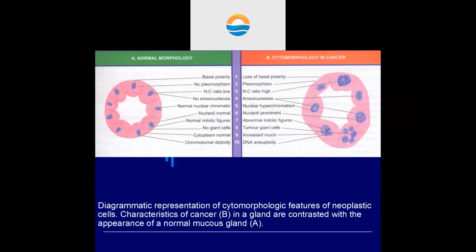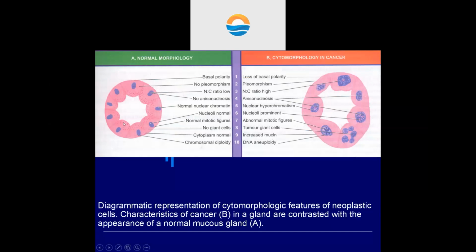Here, look, we see in this picture the difference between normal morphology of the glandular cells, for example, we see the gland, the normal one, on the left side, and on the right side we see the cancer. So here, the basal polarity.